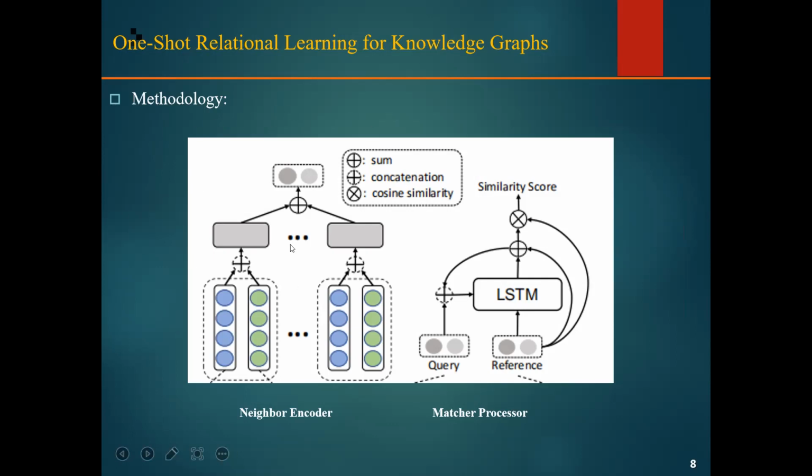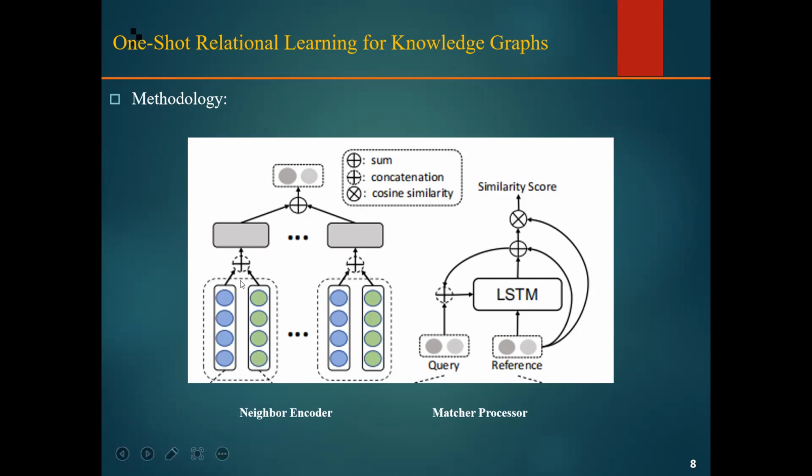Then we have the local graph structure, for which we use the neighbor encoder. As the goal is to learn a matching matrix that can be used to discover more similar triples given just one example, after that the model will be able to predict a new relation using just one-shot link prediction tasks.